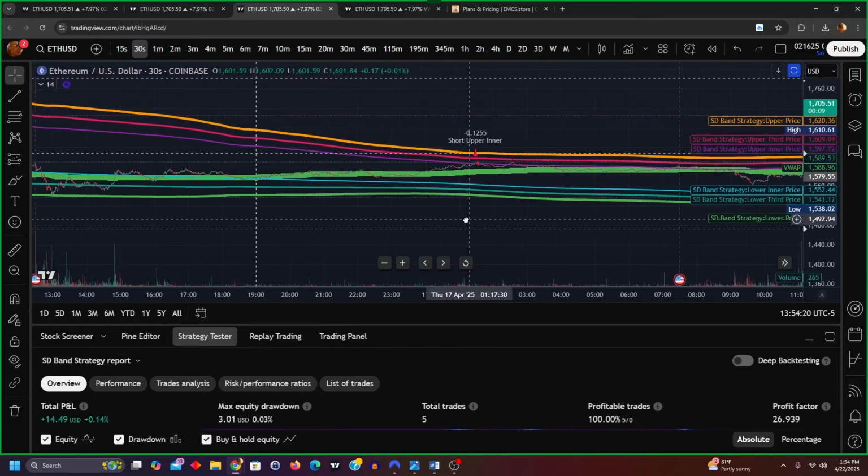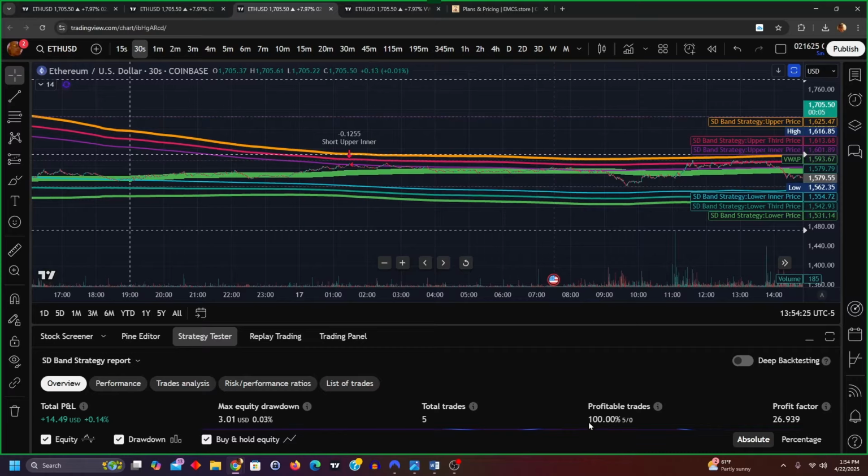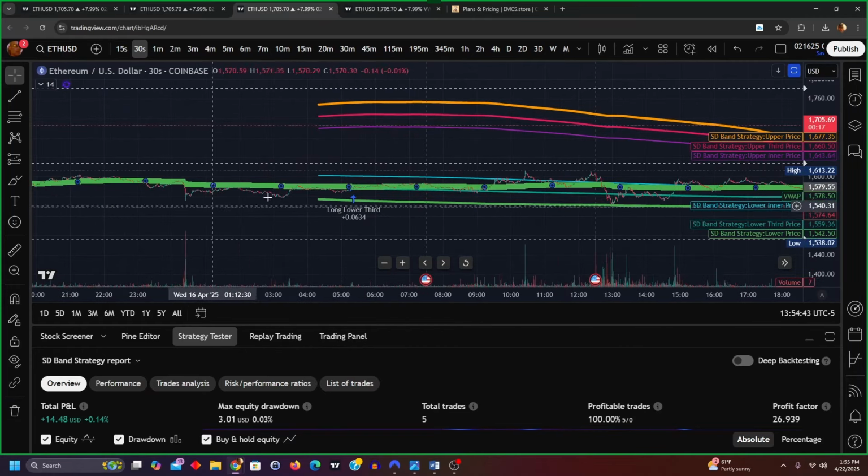And now, don't be misled by this, because it's not always 100% profitable. The 26% profit factor, all these things fluctuate and vary depending on, because Tradingview can only go back so far in its data that's displayed.